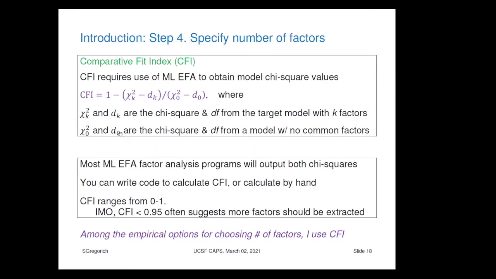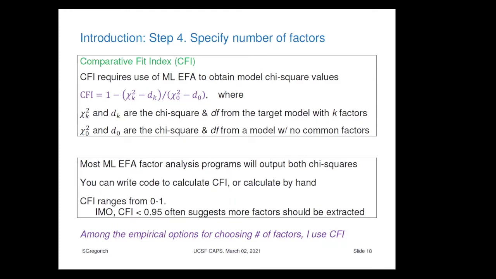It's pretty simple; you can just do a hand calculation. Chi-square K and dK are the chi-square and the degrees of freedom from the target model with however many K factors you specify. So you specify a two-factor model in ML factor analysis, and it's going to give you a chi-square K with dK degrees of freedom for a test of whether two factors is adequate to explain the data.